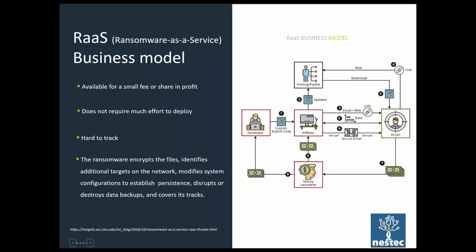Basically, the ransomware developer creates custom exploit code that is then, let's say, licensed to a ransomware attacker or affiliate for a special fee or a share in the profit from the attack. The affiliate then updates their hosting site where the ransomware is located with the code, and identifies the targets and infection vectors.